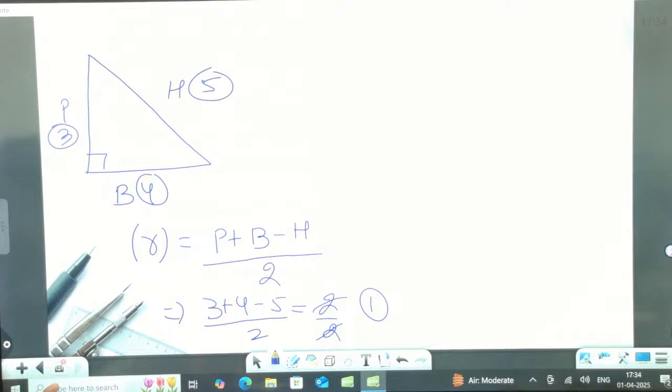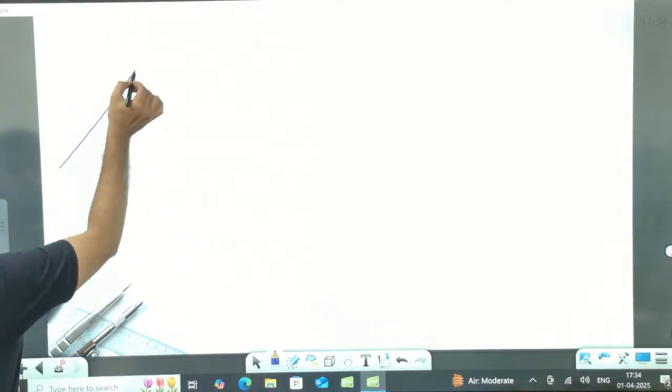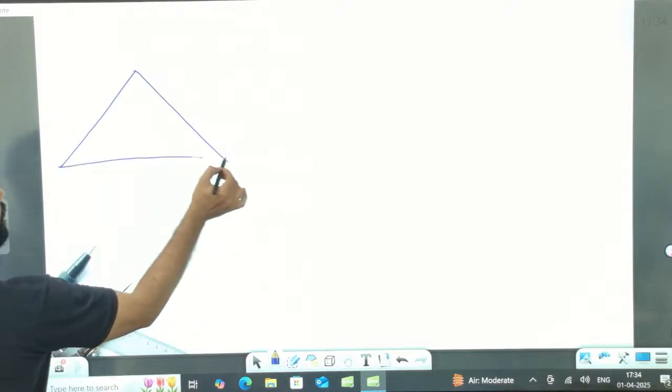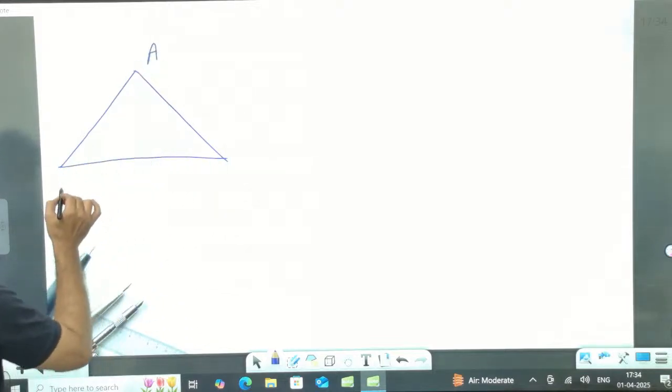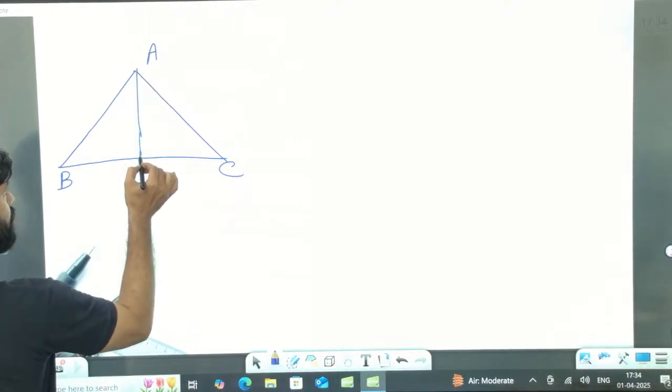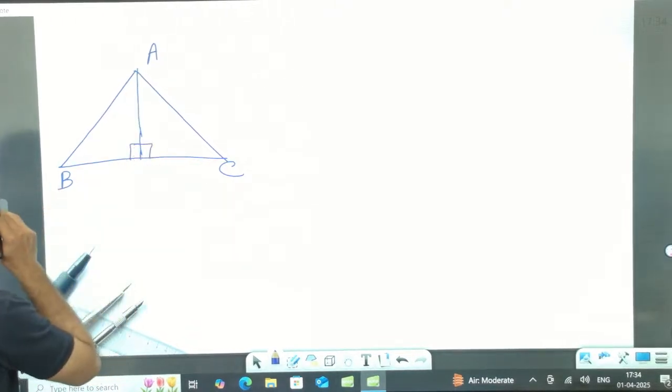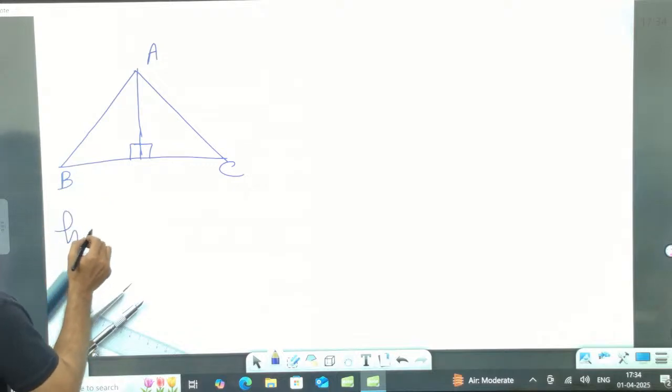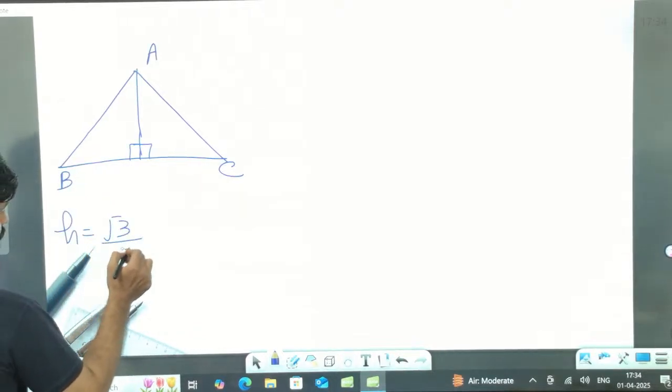The height of an equilateral triangle is root 3 by 2 a. So the height of an equilateral triangle is root 3 by 2 a.